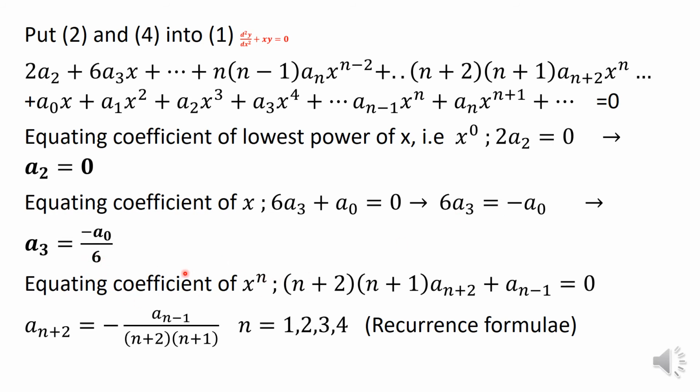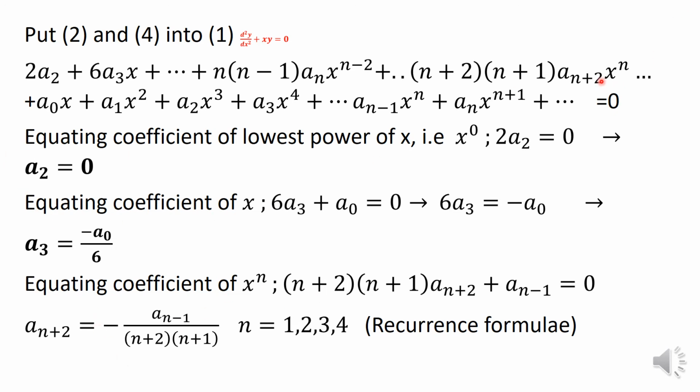Now, in the same way, you can find all the values, but the simple way is we find the recurrence formula. We will try to find it so that any coefficient you want, we can calculate with the help of that. So for that, we will compare the coefficients of x to the power n.